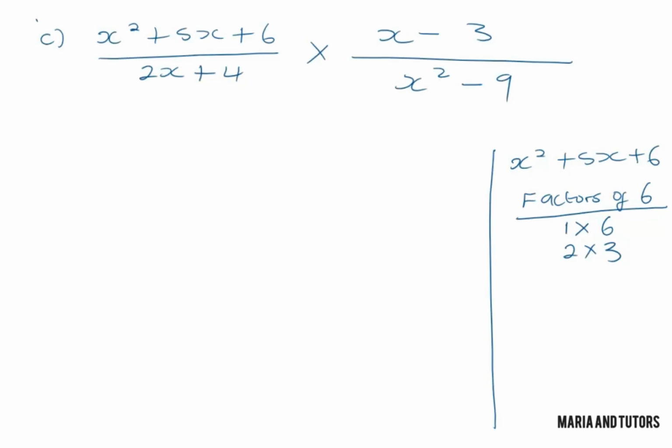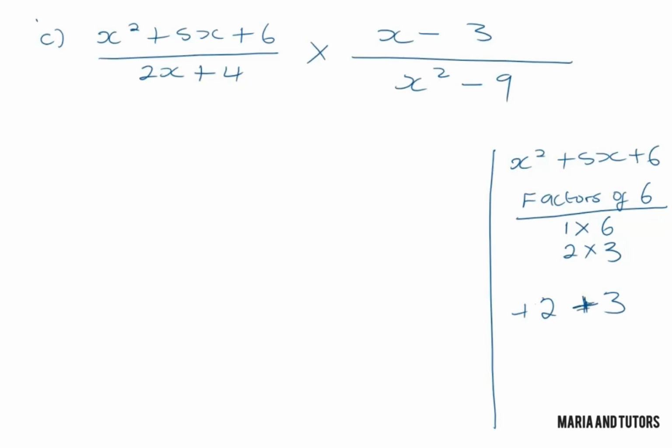Don't forget, we have positive 5 and our constant is positive 6, which means both the numbers in our pair of factors have to be positive. Both of them have to be what? Positive. So the pair of factors that will give us positive 5 is 2 and 3. So we have to make all the numbers positive.